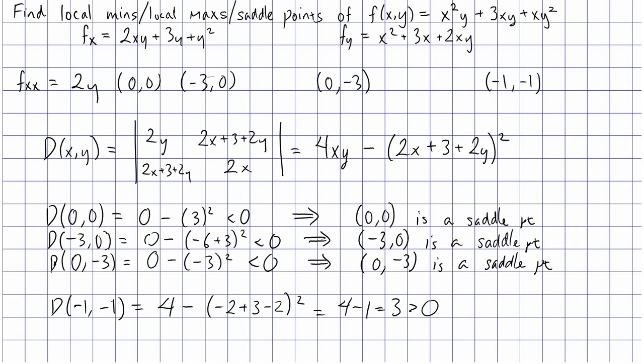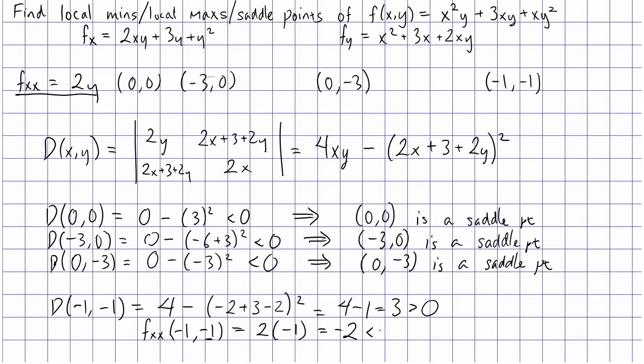To figure out which, we're going to have to look at f sub xx, so that's why we kept this up here. We'll plug in negative 1 for any x's and negative 1 for any y's into the formula 2y. We just plug in negative 1 right there and get the number negative 2.